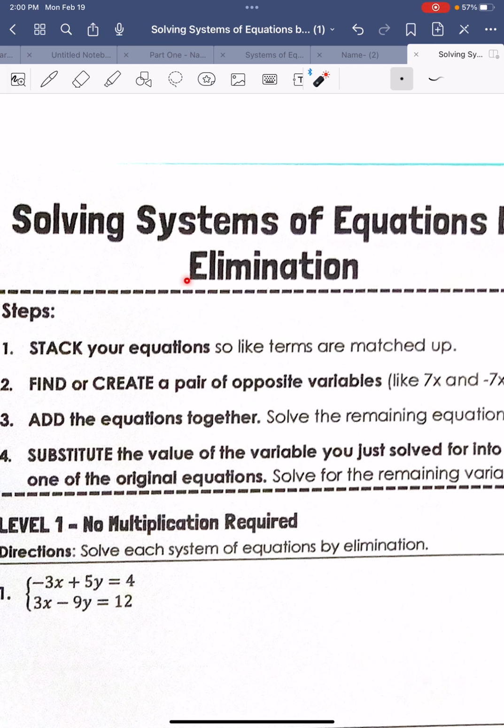But the whole goal of elimination is to create opposite pairs, or opposite variables. What that means is, if I tell you 7, and I want you to tell me the opposite of 7, you'd say -7. Or the opposite of -5 is +5.